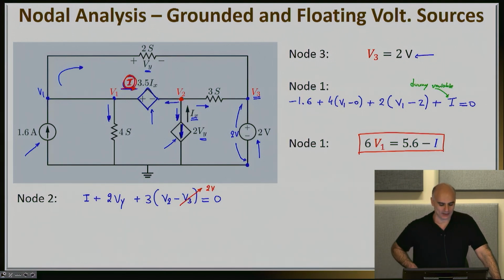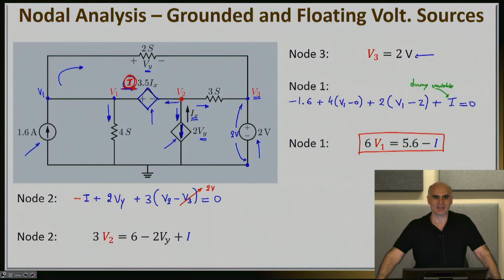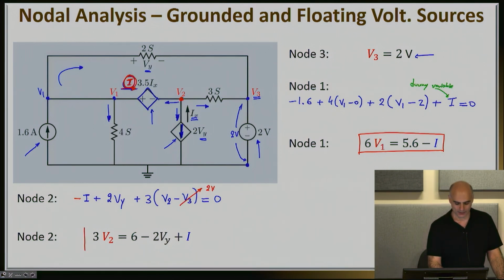So the correct way to express this is negative I, as I did in the beginning. So negative I plus 2 Vy plus 3 V2 minus 2 should add up to 0. These are essentially the 3 currents that are leaving this node. So when I clean up this equation, my equation for node number 2 now reads like this.